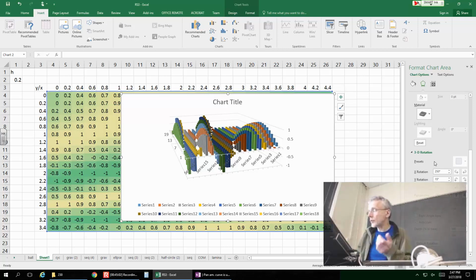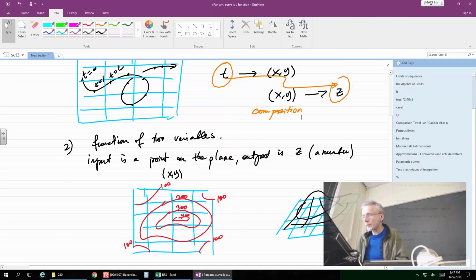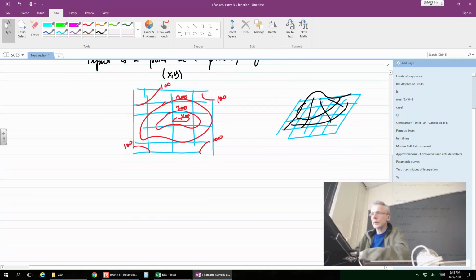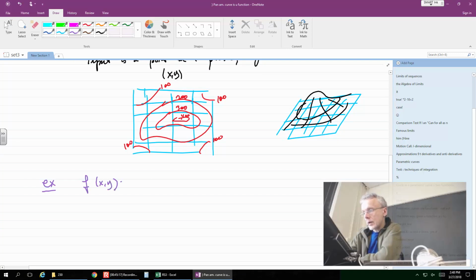Okay, so those are called partial derivatives. As an example, the function that I have introduced, f of x, y, is sine of x plus y squared. Okay, then if we're interested in the rate of change with respect to x, what do we do? We fix y.